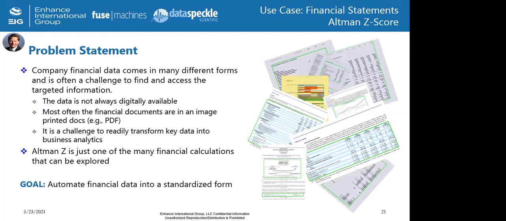It is generally used in the supply chain world of evaluating vendors. And so the challenge is how do you calculate this Altman Z score when quite a bit of that data is in financial documents? It may not be available digitally, and it's a challenge to really transform that key data into business analytics.